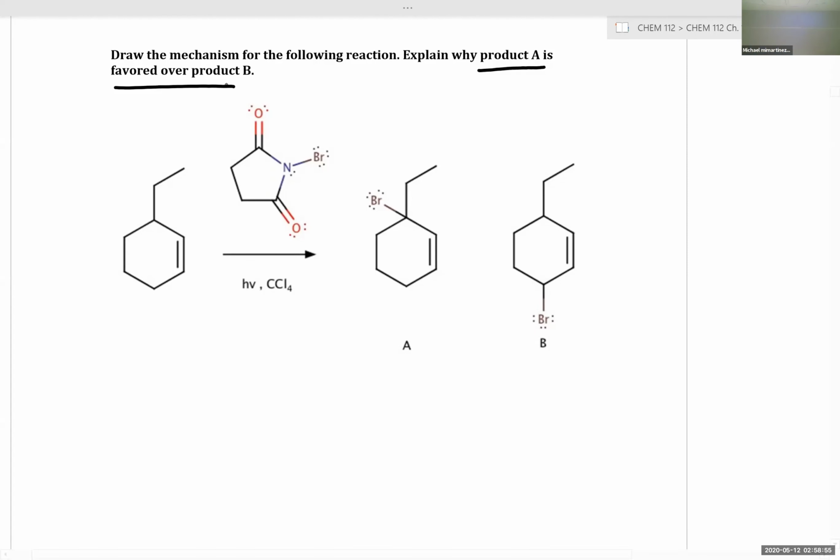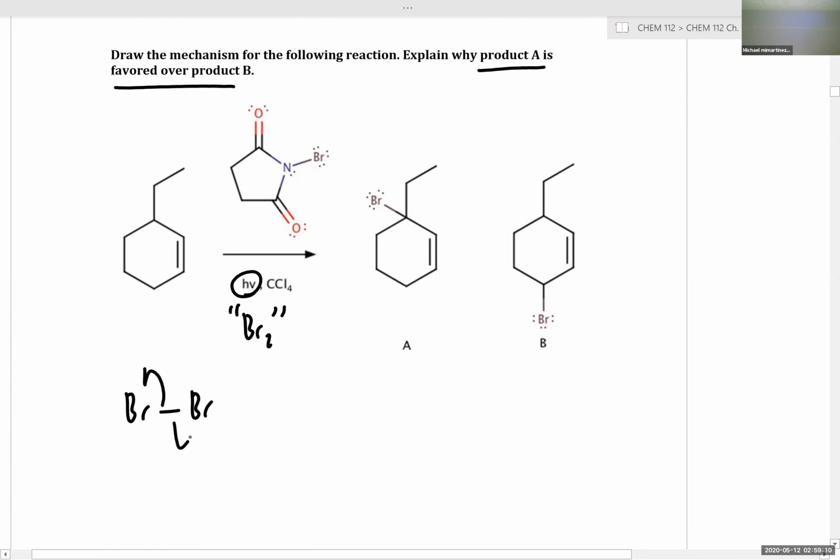So first and foremost, N-bromosuccinimide will generate a trace amount of bromine. So under radical conditions in the presence of light, we can cleave our bromine-bromine bond and generate two bromine radicals.